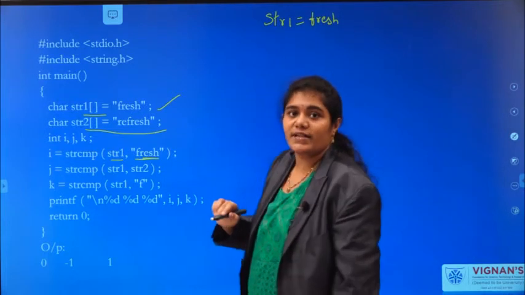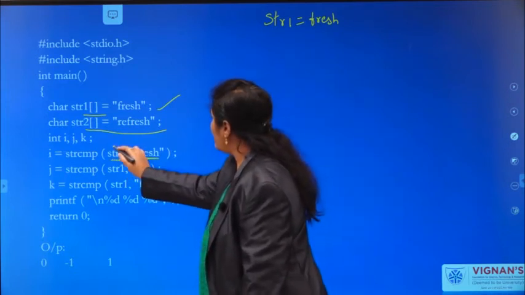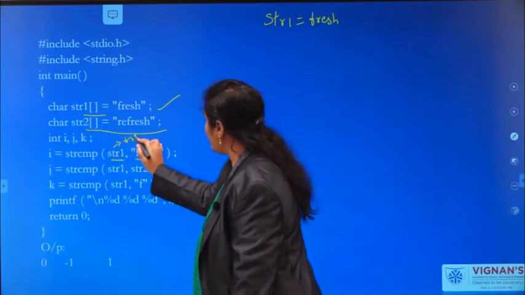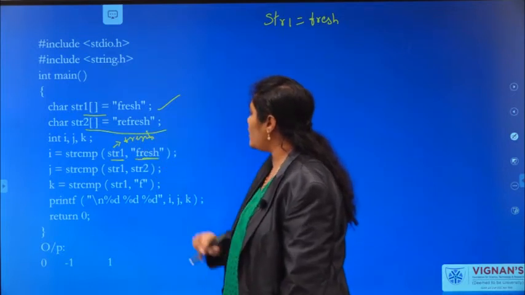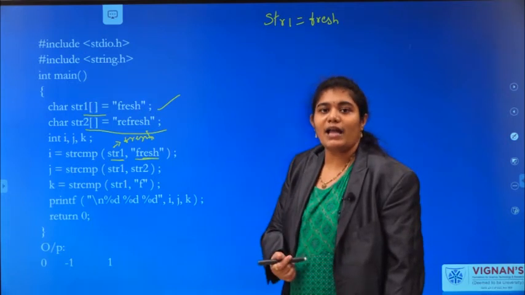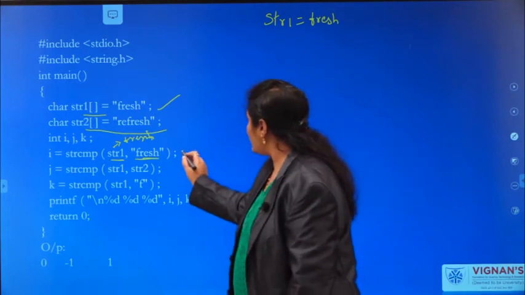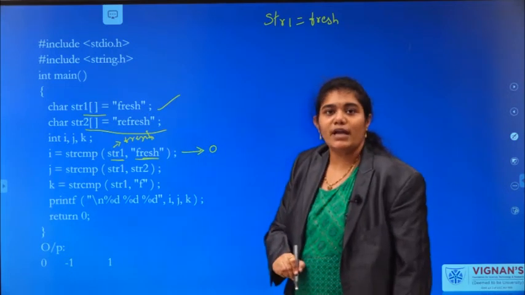Fresh. So here it is nothing but fresh. Are both the values equal or not? Yes, both the values are equal. So the value of I should be 0.